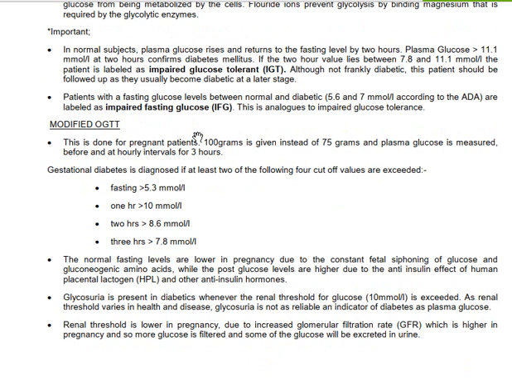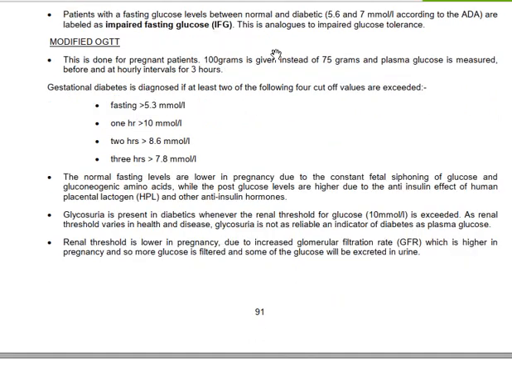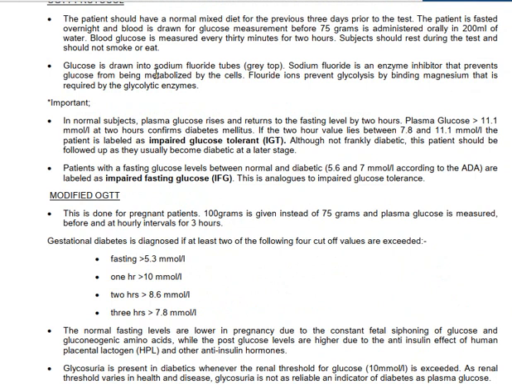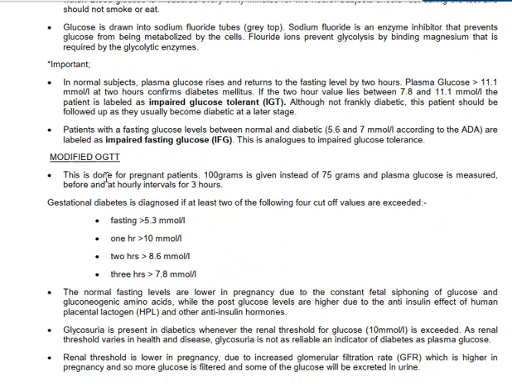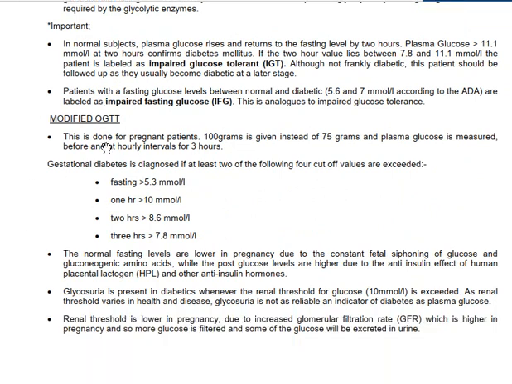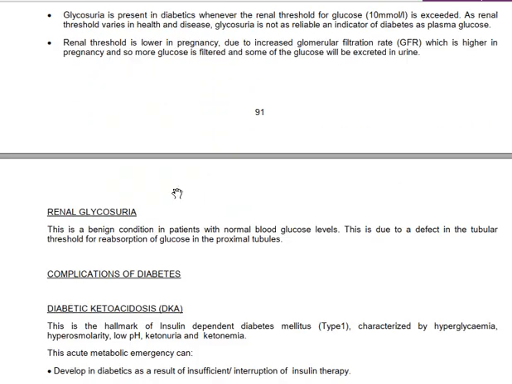The best diagnosis is going to be oral glucose tolerance test. Now, what is a modified oral glucose tolerance test? In the case of gestational diabetes, fasting is at least 2 hours. Is it clear? So if you have a fasting value of 5.3 or 1 hour later or greater than this, these are different values of the oral glucose tolerance test with different hours involved that you can still work with.